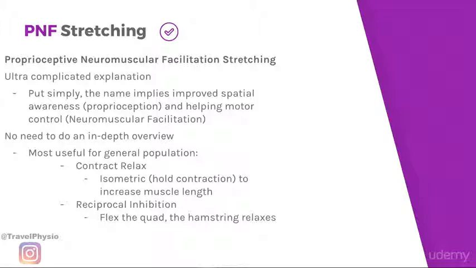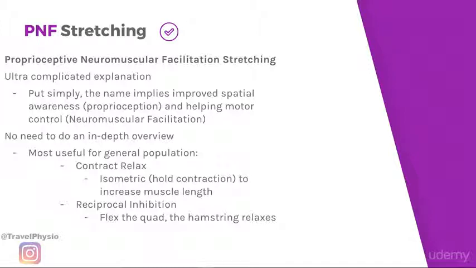So proprioceptive, think of proprioception as essentially a spatial awareness. So your sense of awareness in space, okay? Body awareness, body control, sort of synonyms for that idea. Neuromuscular, all that means is the nerve controlling the muscle, okay? So the connection from the brain to the muscle, and facilitation just means essentially to make something easier, okay?